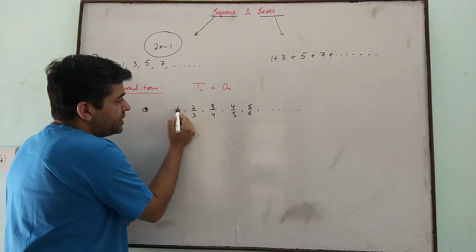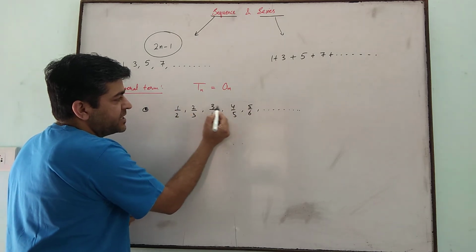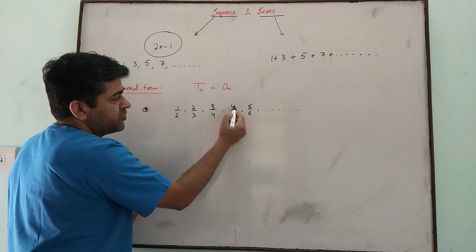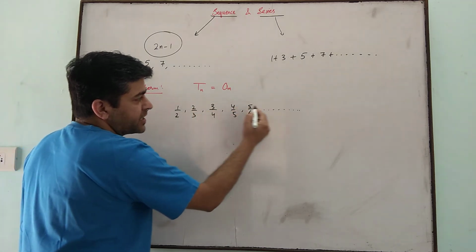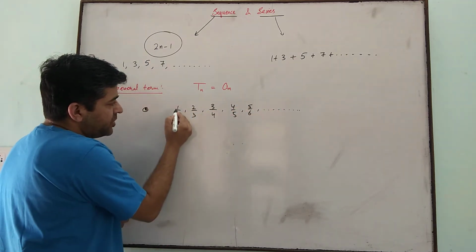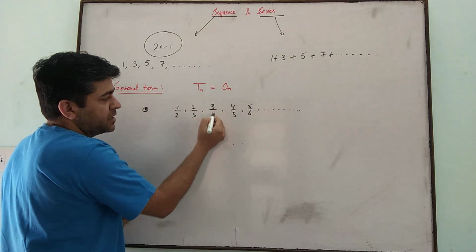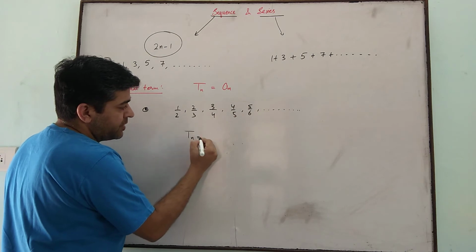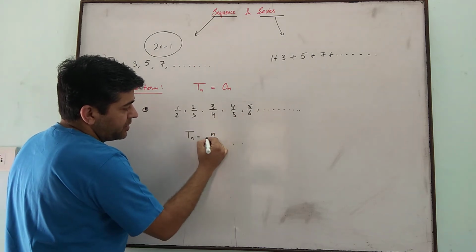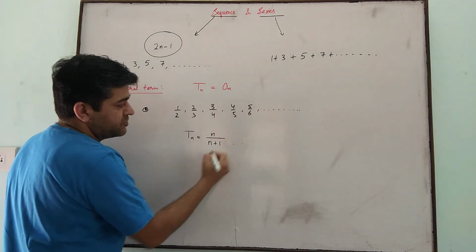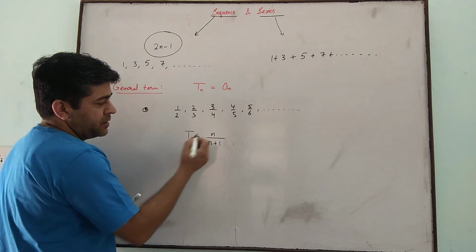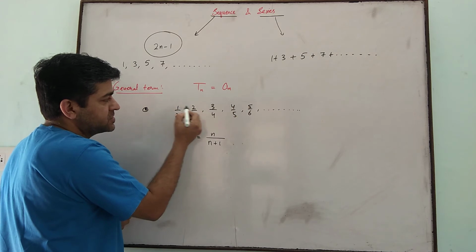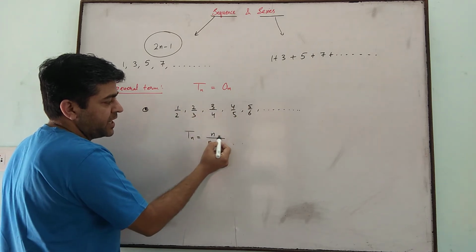Like in the numerator, 1 is added in each term: 1, 2, 3, 4, 5. So if we take the numerator as n, then the denominator is 1 more than the numerator. So we got its general term: n divided by n plus 1, where n represents the first term, second term, third term, so it is n.